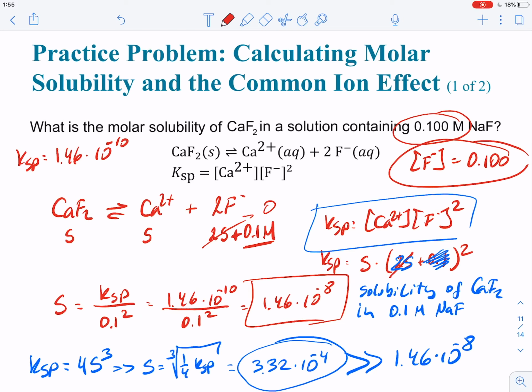But if what you were adding was sodium chloride, well, sodium is not participating in that equilibrium, and by equilibrium I mean this one. Neither sodium nor chloride are participating in that equilibrium. Therefore, adding sodium chloride, no matter what concentration you are adding, will not affect the solubility of calcium fluoride. So that's what is named the common ion effect. It has to provide one ion that is in common with that equilibrium.